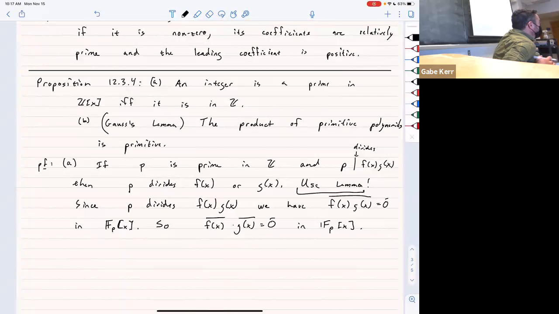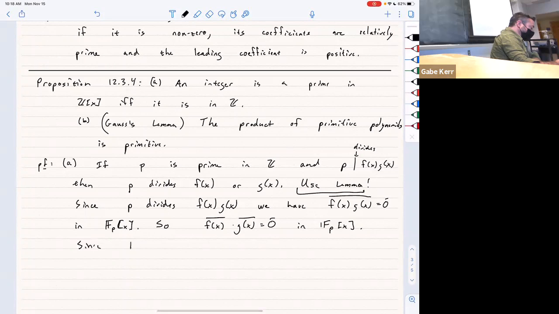What does that mean? Fields are integral domains too. One must be 0. So in particular, this is an integral domain. F_P[x] is a field; I mean, it's a PID, so it's a domain.